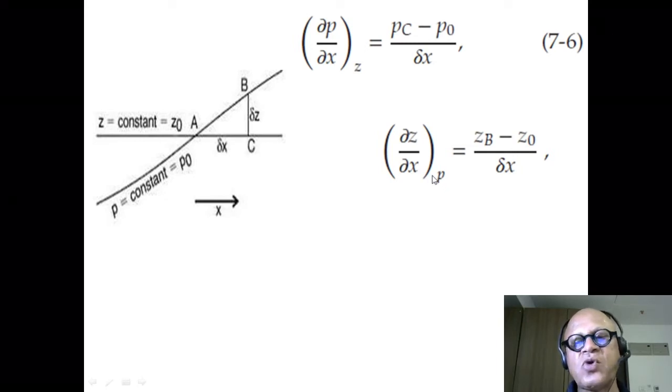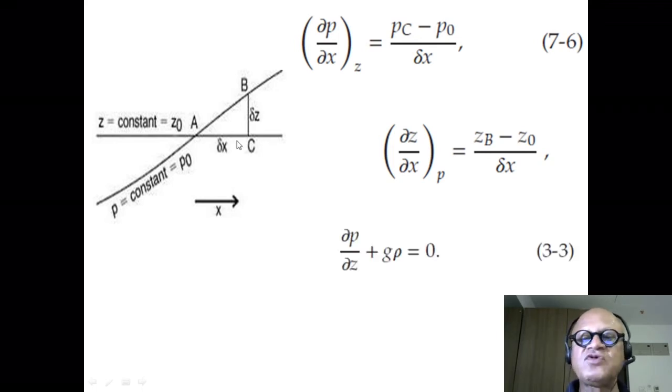We are in the pressure coordinate. That's going to be zb minus zc divided by delta x. Okay, so we are deriving dz dx. So don't be confused. Delta z, delta x is zb minus z0, or zc, divided by delta x. Just a fancy way of doing things.